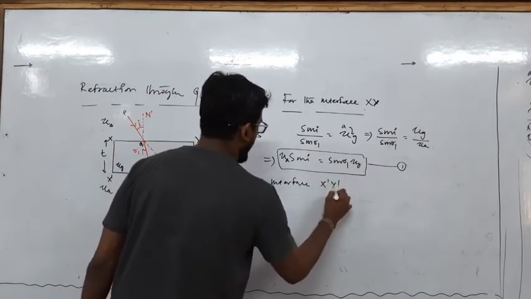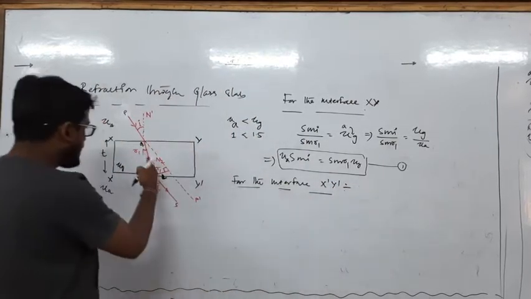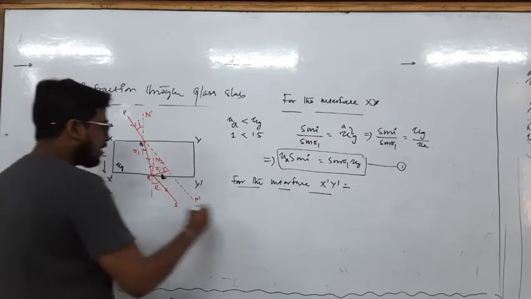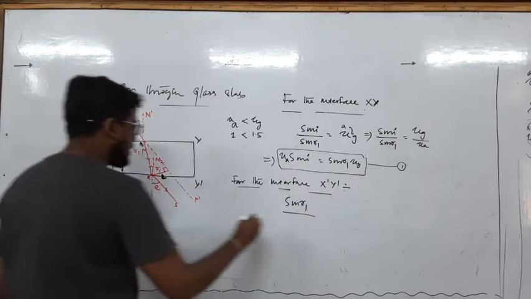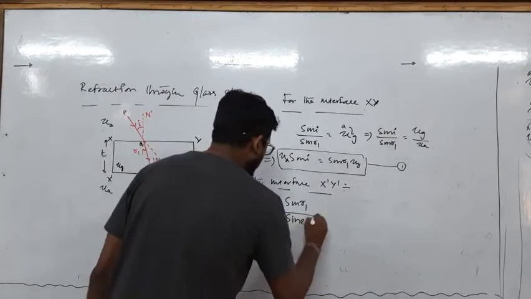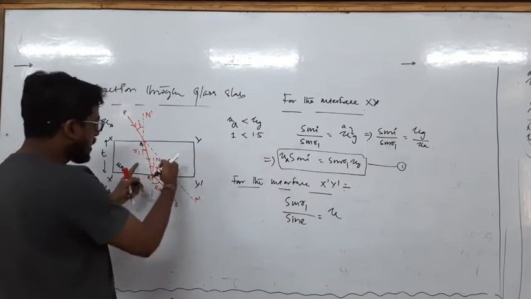X'Y'. By applying Snell's law, here I can write sin incident angle will be R1, so sin R1 divided by the refracted angle, which will be E, so sin E, will be equal to mu. Now light travels at the second interface from glass to air.